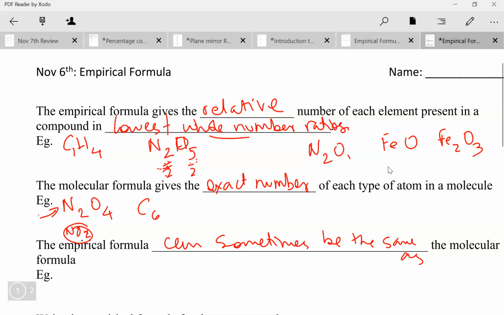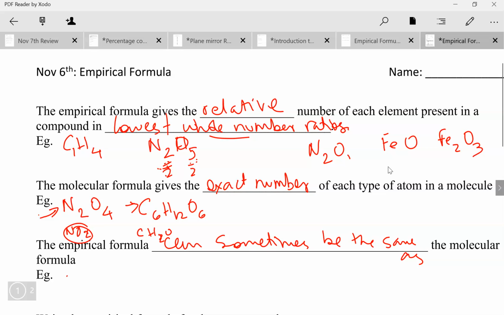Another is C6H12O6, which is the formula for glucose. This is just CH2O if reduced to lowest terms, but this is the molecular formula because it is not in lowest terms yet. And the examples are all empirical formulas, right?